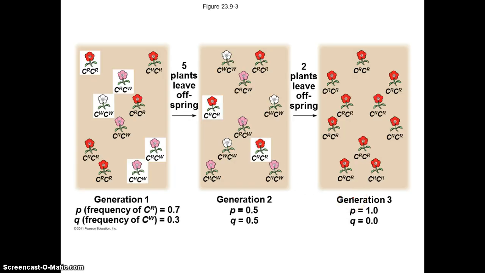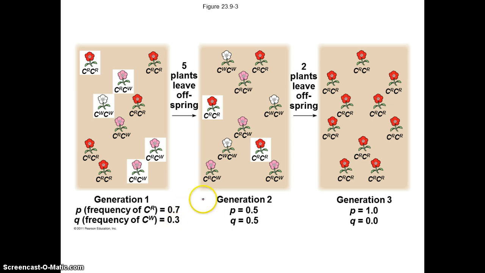So here shows the frequency of, say, flower color, and here we have red flowers versus white flowers, and when they're heterozygous, they're pink. So here the p frequency is 0.7, and here you have q is 0.3.